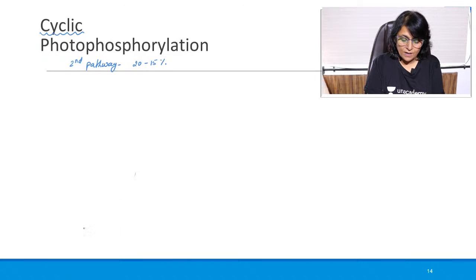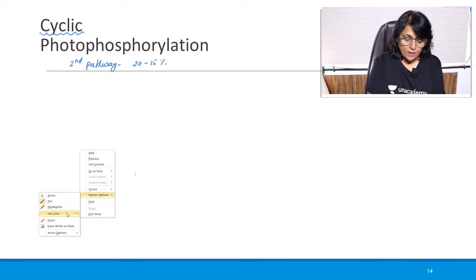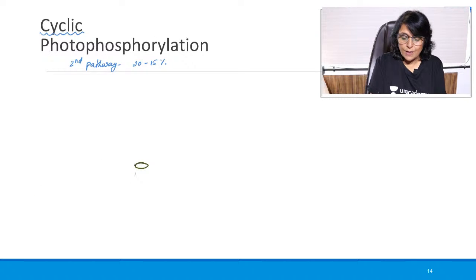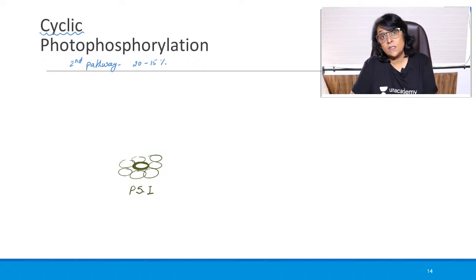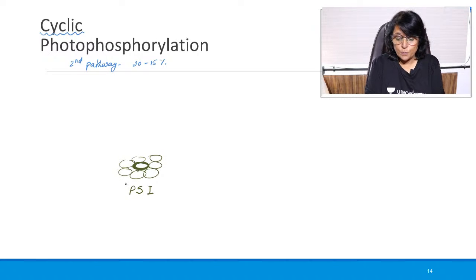So now let us draw the pathway, and I'm going to draw this reaction center chlorophyll, and around the reaction center chlorophyll there are other accessory pigments, and this is PS1. Now these things will also help you understand the differences between cyclic and non-cyclic photophosphorylation. So this is PS1.